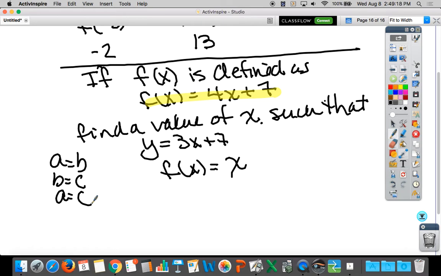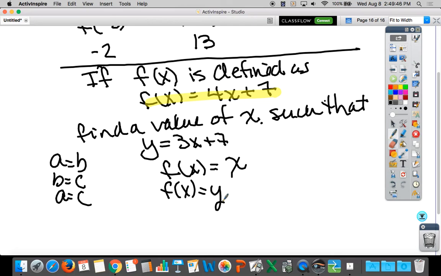So let's put that here, just for the sake of visuals. I do not have an f of x up here physically, do I? I do not see an f of x. I see a y. So I know if f of x is equal to y and f of x is equal to x, then y has to equal x. This property right here.